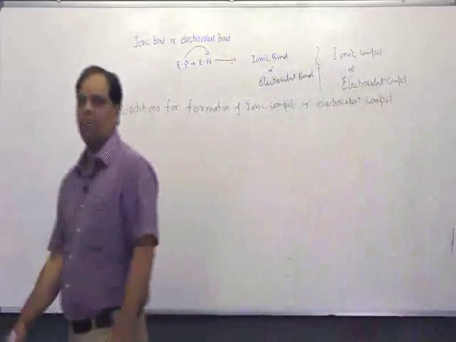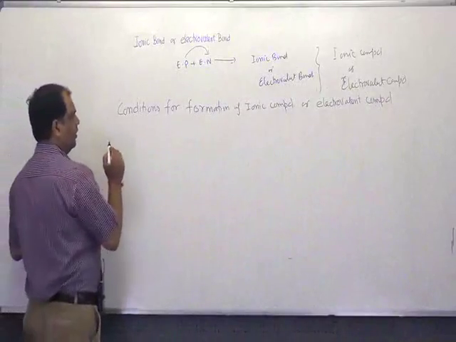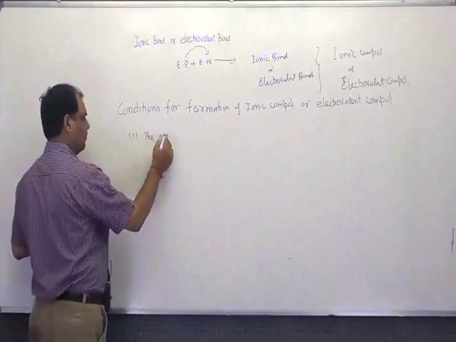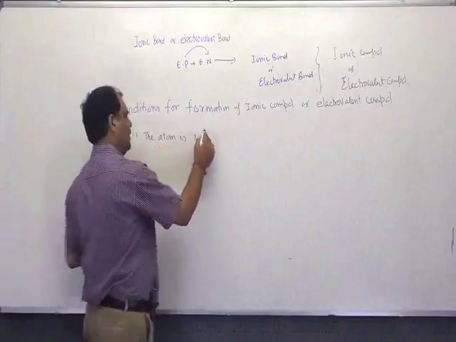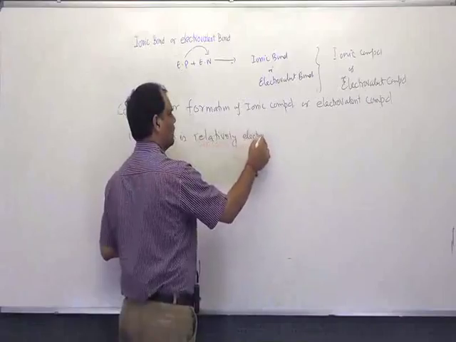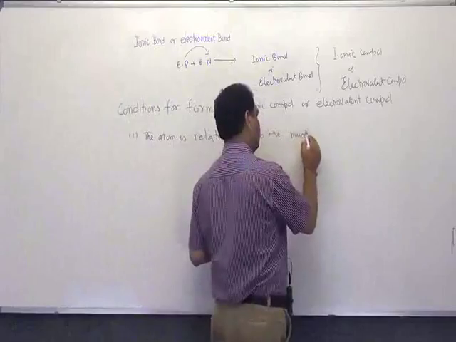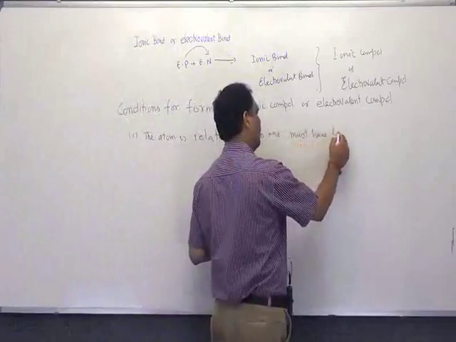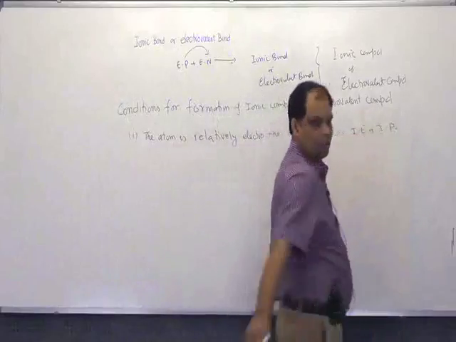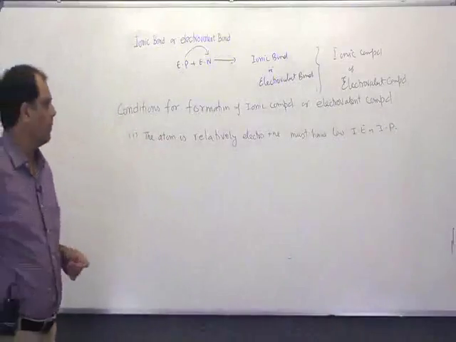First condition: the atom which is relatively electropositive must have low ionization energy or ionization potential.